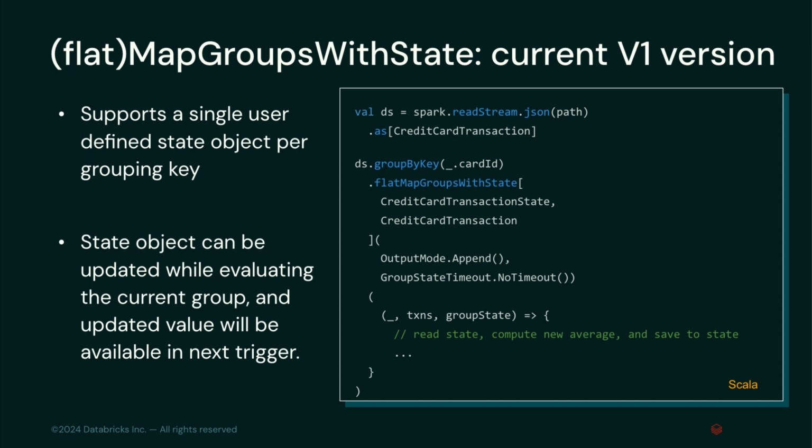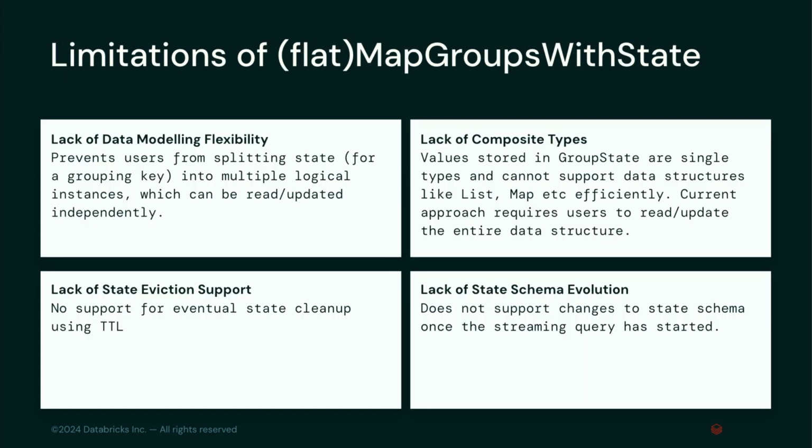The problem with this API is that it gives you a single user-defined state object for you to define how you want to define your state and save it. And every time you want to update your state, it just updates the object, and Spark will fully refresh this state with the new object. So this is not very convenient. First, it's not very good for performance because it always requires a full update. If you only want to update one field, you still update the entire object.